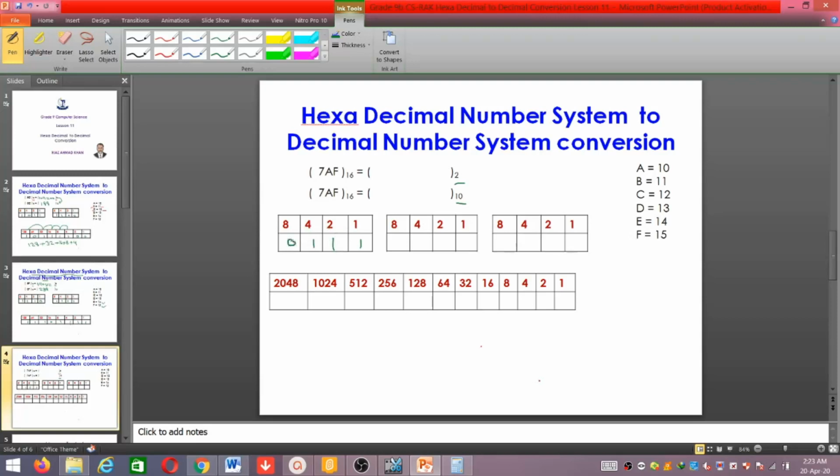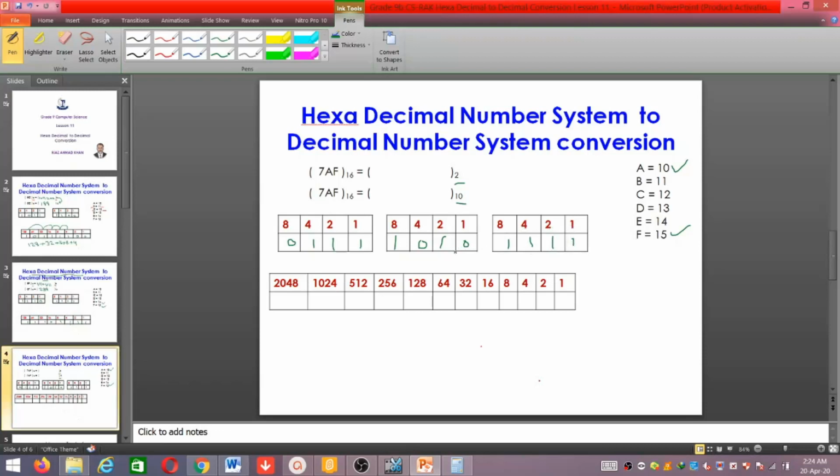So I put 0 here. For A it is 10, and how do you get 10? Like this. So you put 0 here and 0 here. The next one is F, so you get 15 like this. 8 plus 4 is 12, plus 2 is 14, and 1 is 15.